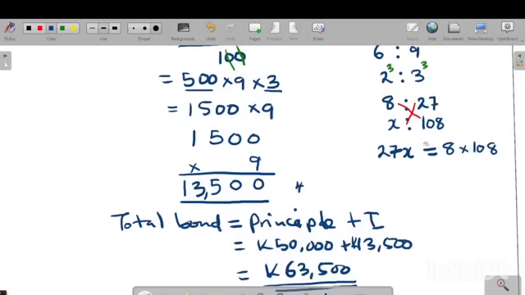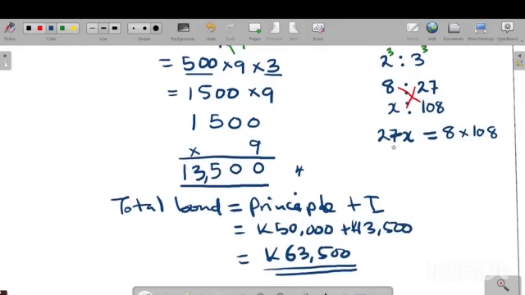Please, when you reach this stage, no need of multiplying and finding the value here, because this is paper 1 and you are not allowed to use a calculator. If you multiply, you are going to have a big number, which is going to be very difficult for you to work with. So to find the value of x, you divide by 27 both sides of this equation, so this and that cancels.